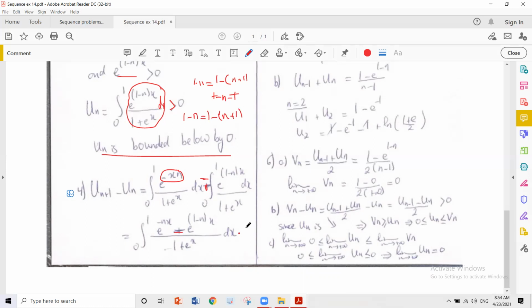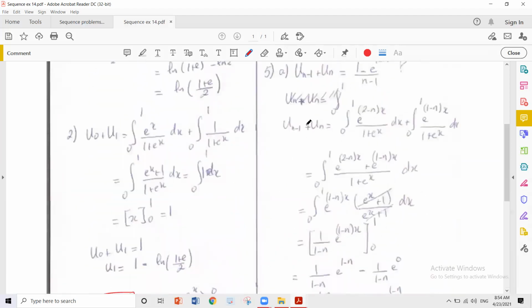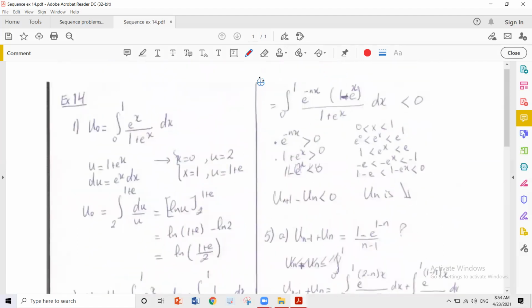What can we do here? Take a common factor. What is common between minus nx and 1 minus nx? The smaller power. So e to the power minus nx is common, and we get 1 minus e to the x over 1 plus e to the x.